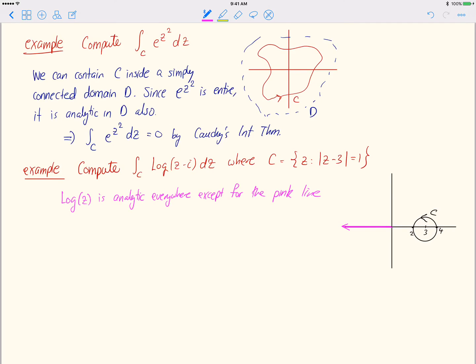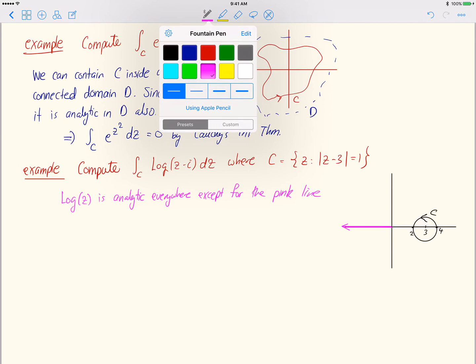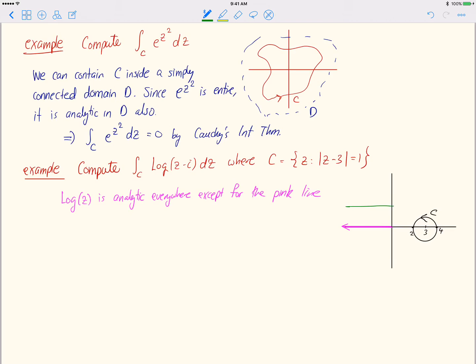Okay, so that's log z, but what about log z minus i? Well, if log of z is analytic everywhere except for the pink line, log of z minus i will be analytic everywhere except for basically that line shifted up by 1 unit. So what I mean is, that line there, so this one here, i.